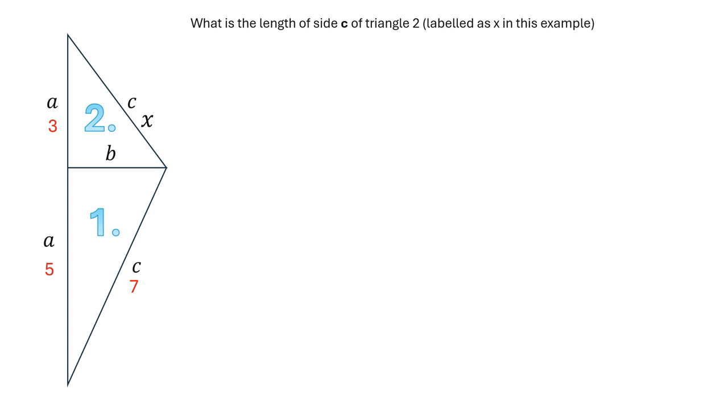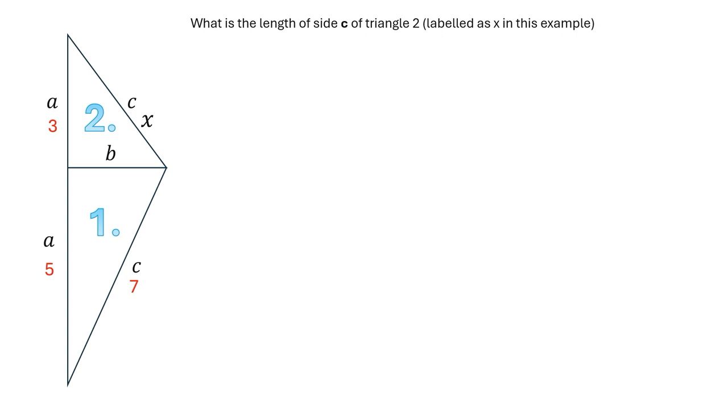Now, in this example, we're asked for the length of side C for triangle 2. Right now, we don't have a lot of information about triangle 2. We know that side A has a length of 3, but we don't know what B is, and we don't know what C is.